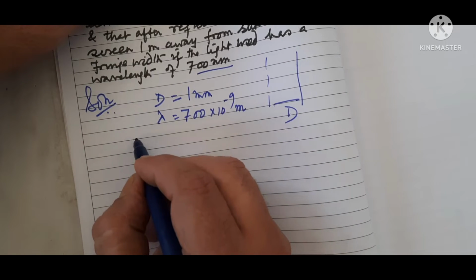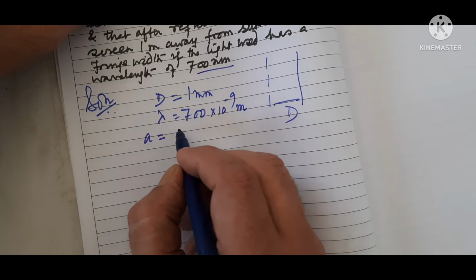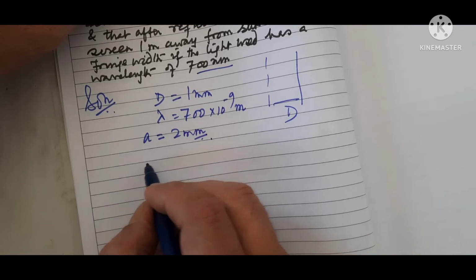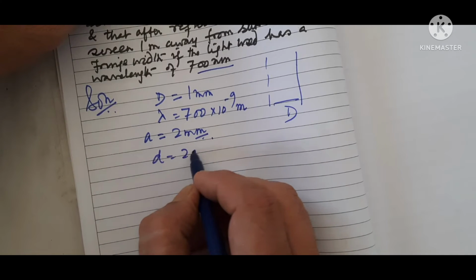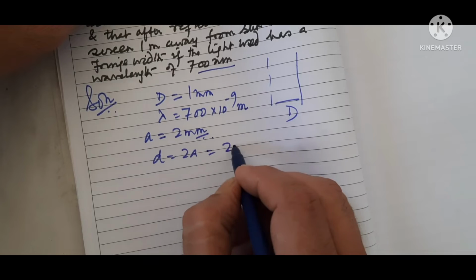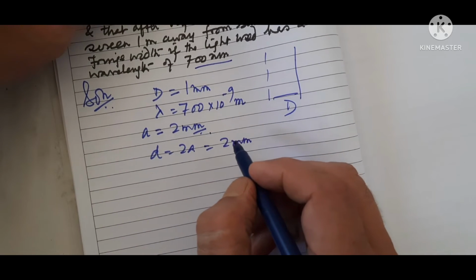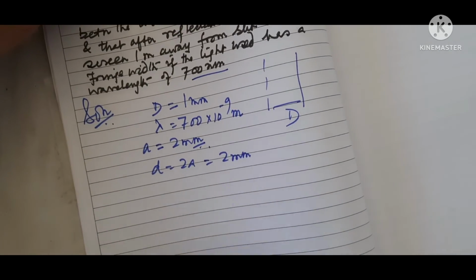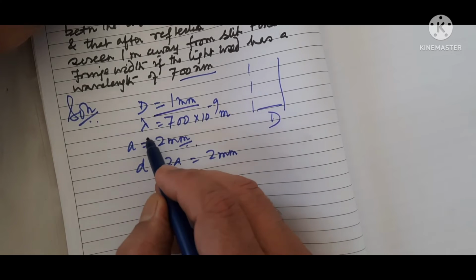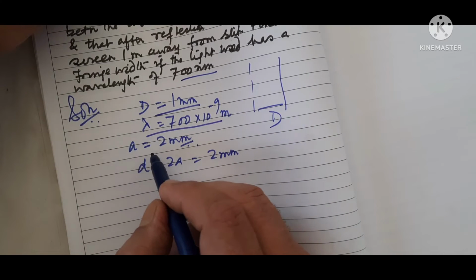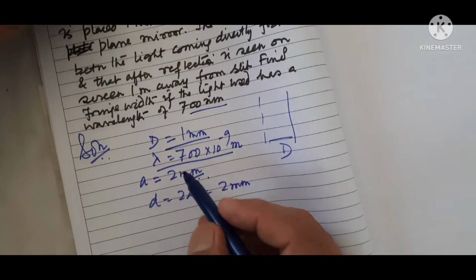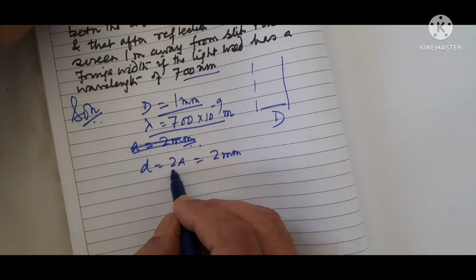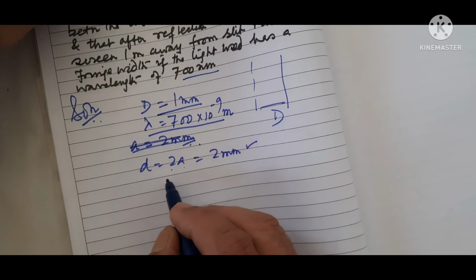The slit height is 1 millimeter, and the distance between the slits becomes twice of that, so small d is 2 into 1, that is 2 millimeter.